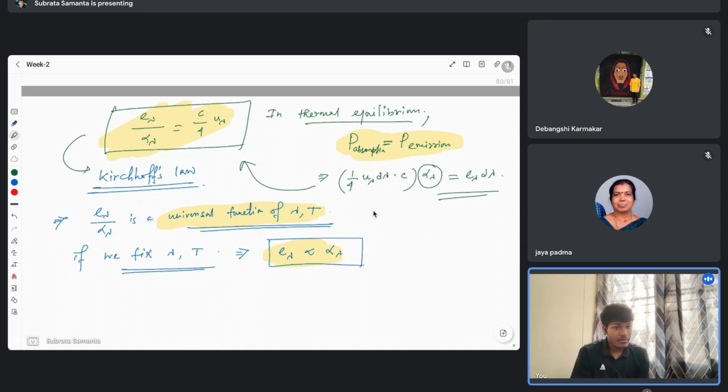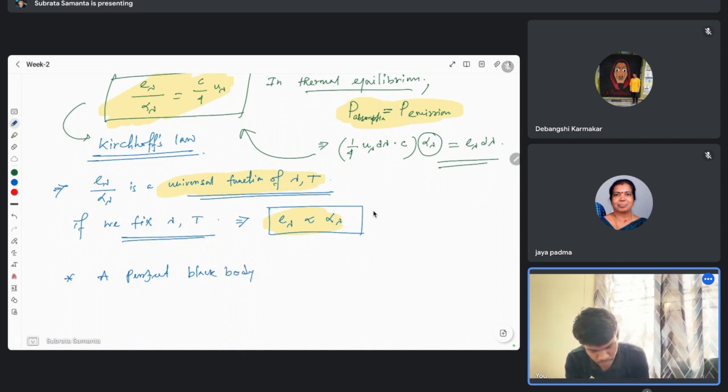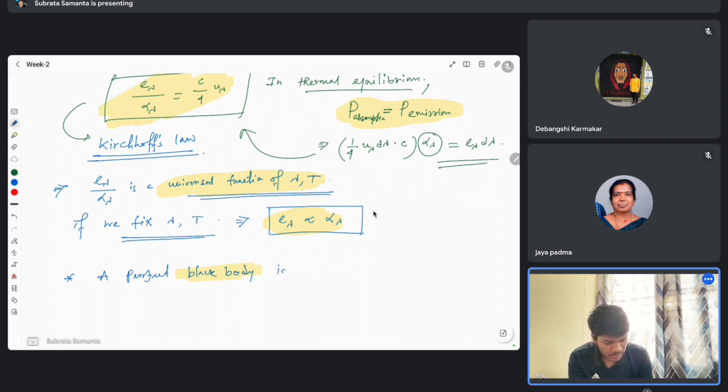And for a perfect black body, alpha lambda equals 1 for all lambda. A perfect black body is an object which is defined such that alpha lambda equals 1 for all values of lambda.